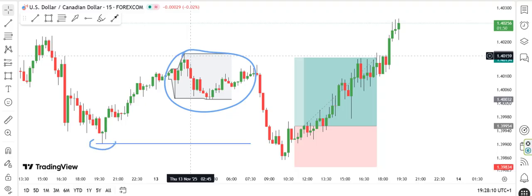Then we understood that this is the higher time frame sell side liquidity level, and as the market was approaching the London trading session, we had a nice taking of liquidity. Price formed this lower high, took the lows again, took this sell side liquidity, and then the market shifted to the upside.